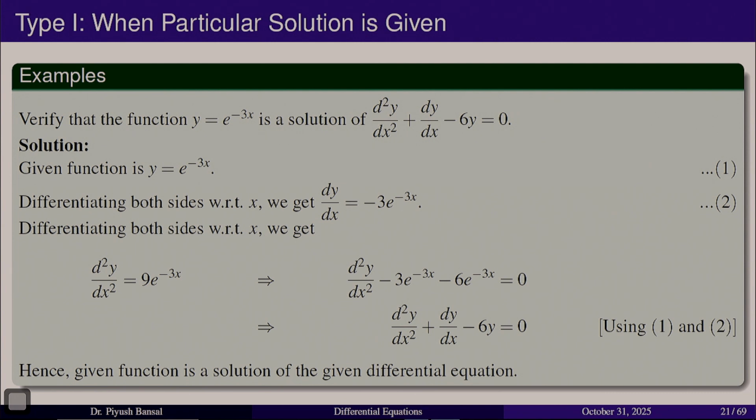Since the question asks you to prove that this particular solution is a solution of the second order differential equation, we differentiate two times. Otherwise, if they ask you for the differential equation involved for this function, it could be first order, second order, third order, and so on. Since they are asking for the second order, we differentiate it again with respect to x in order to obtain the final differential equation. The steps are over here.